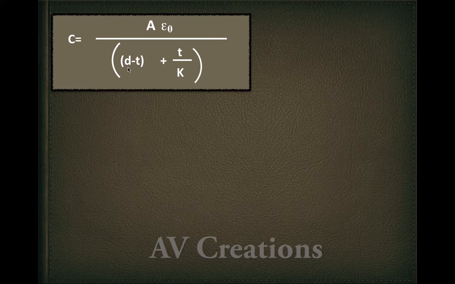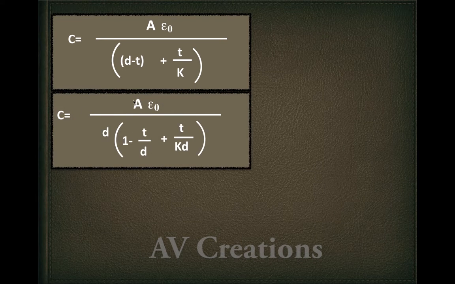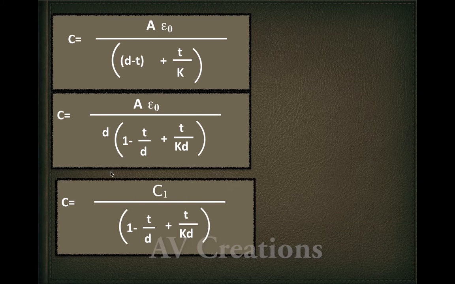Now we take D outside. So C equal to A epsilon 0 upon D into, if we take D outside from here, 1 minus T by D, plus, if we take D outside from T by K, T by KD. So the equation is C equal to A epsilon 0 divided by D into 1 minus T by D plus T by KD.